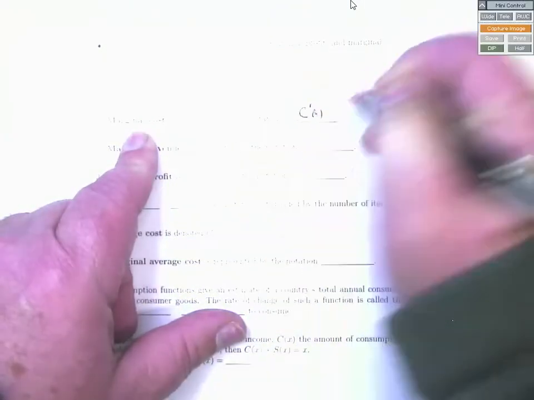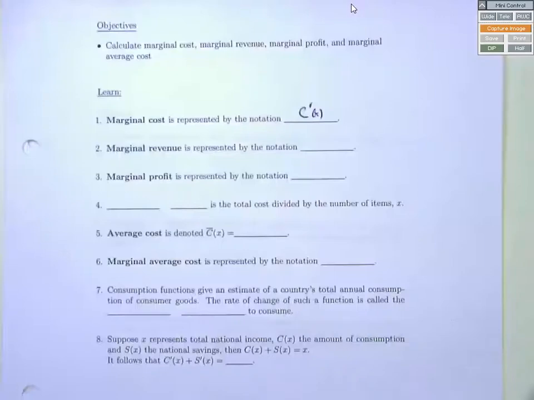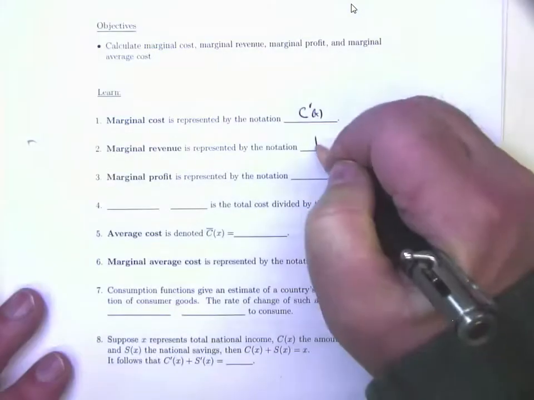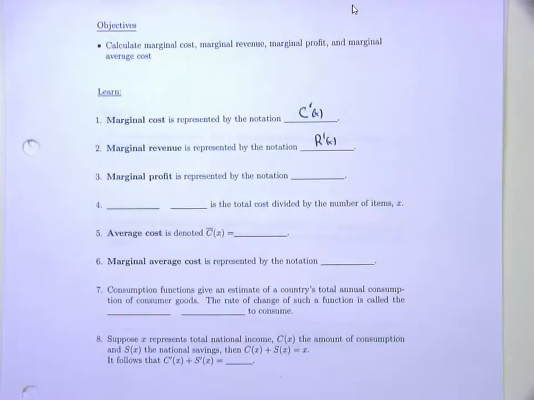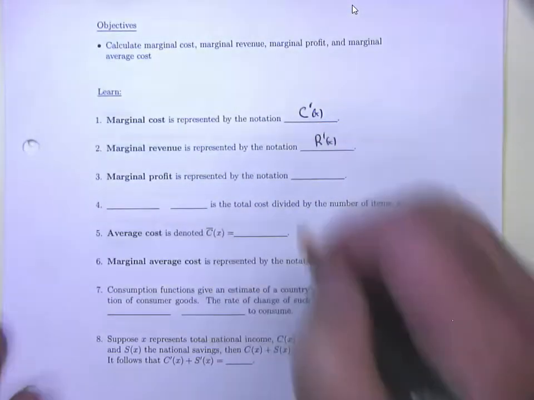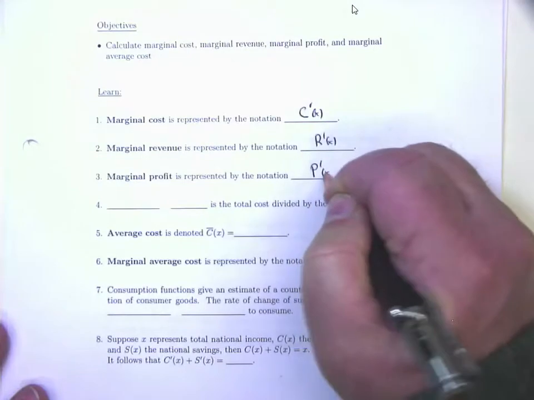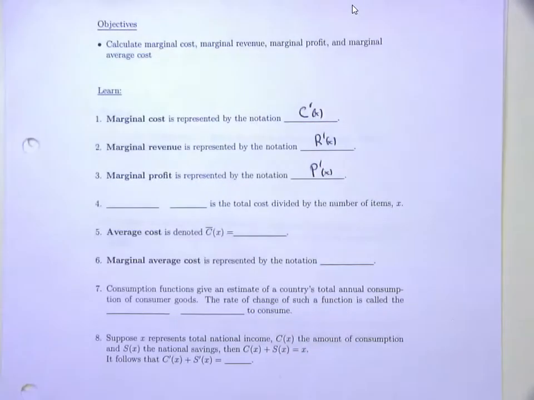C prime of X. It's going to be the derivative of cost. Similarly, the marginal revenue is represented by the notation. Well, revenue is R of X, so marginal revenue is R prime of X. And similarly, marginal profit is denoted as big P prime of X.